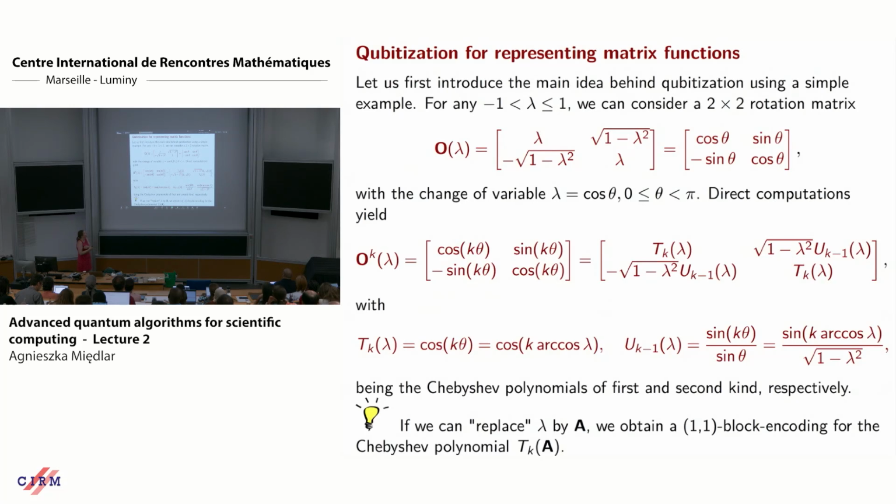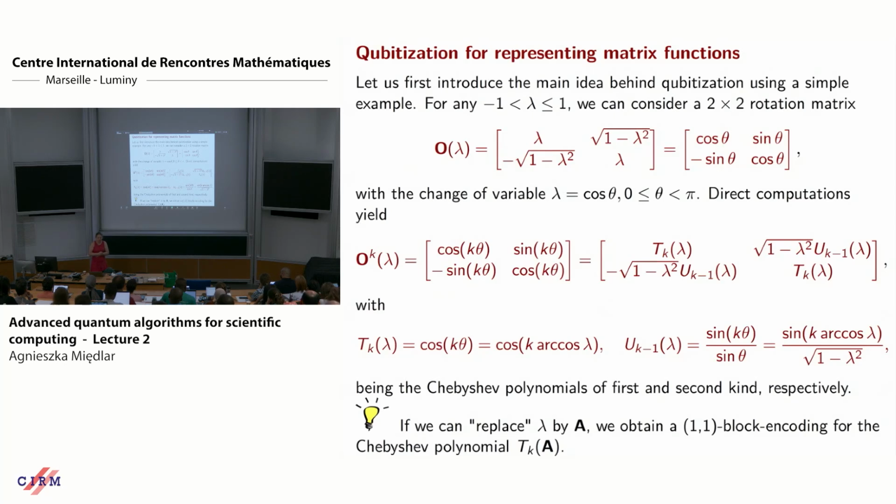Let's call it rotation operator O of lambda, which looks like this in terms of lambda. And then when you do the change of variables, you say that lambda is cosine of theta. Then obviously, you'll end up with this matrix, which is what you have learned as a classical 2x2 rotation matrix.